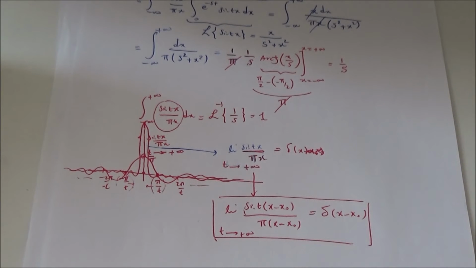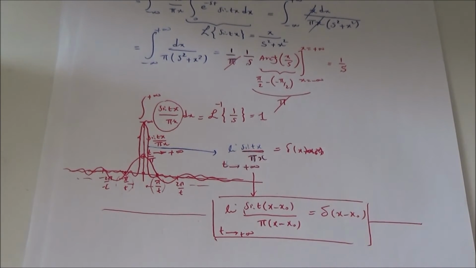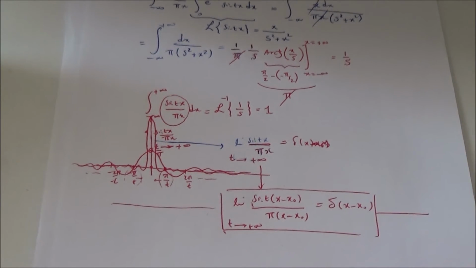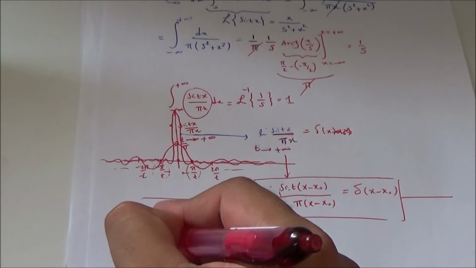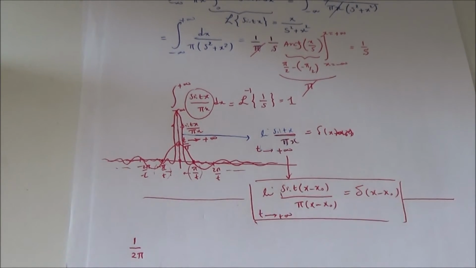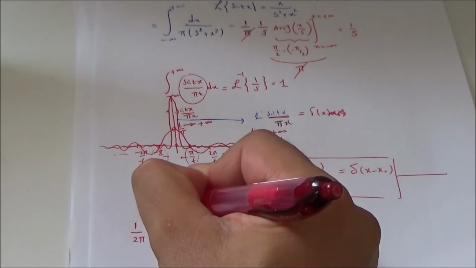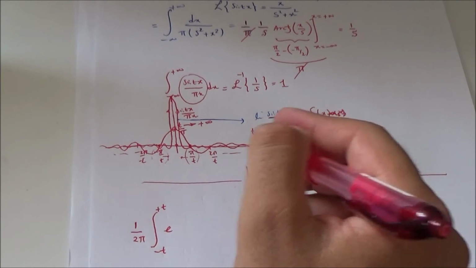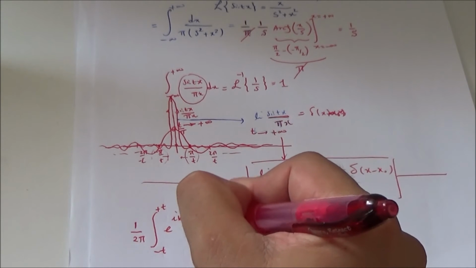And now I will try to give another representation for this function, or for this function, in fact, for both of them. If I consider now this integral, in fact, 1 over 2 pi times the integral from minus t to plus t of exponential of i k x dk.